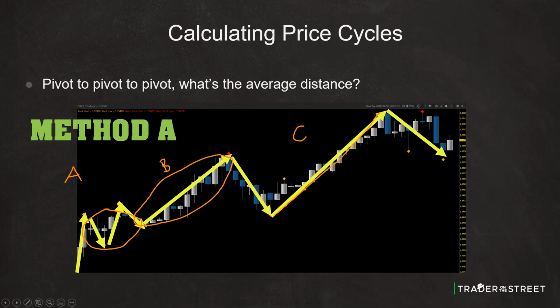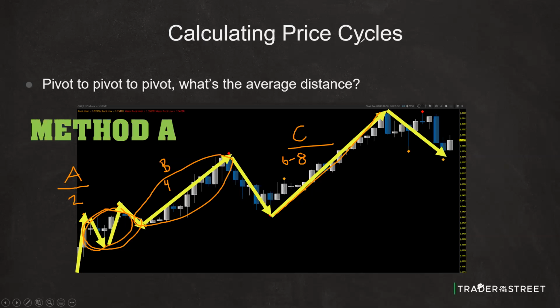And we wouldn't get a ton of them. But what we would find is that if the A's measure about 2, then the B's are going to measure about 4, and the C's are probably going to measure about 6 to 8. You're going to see that these smaller ones are like a base cycle, a baseline cycle.